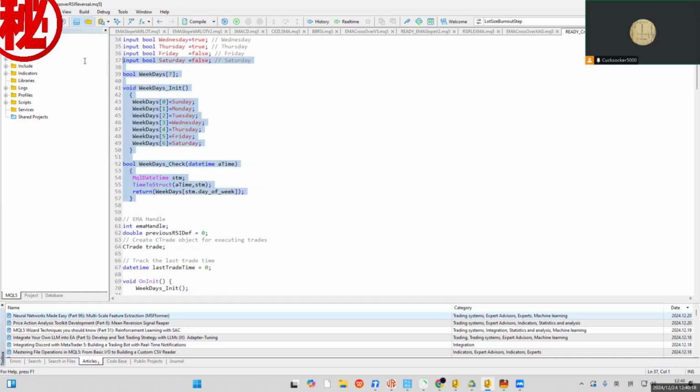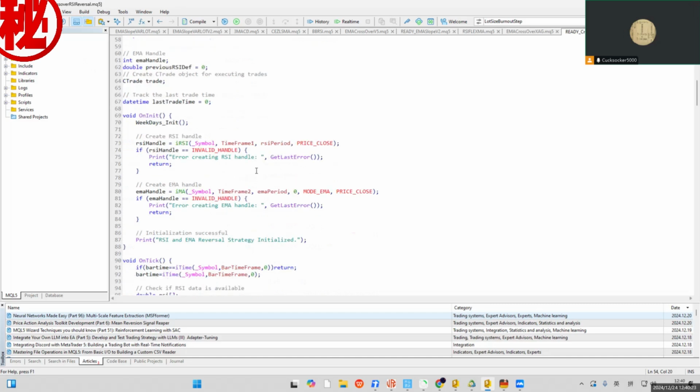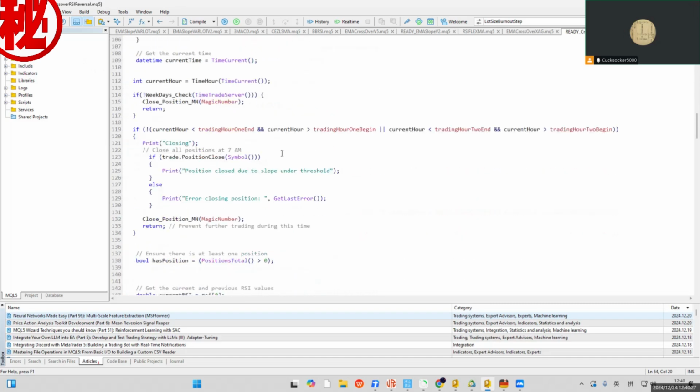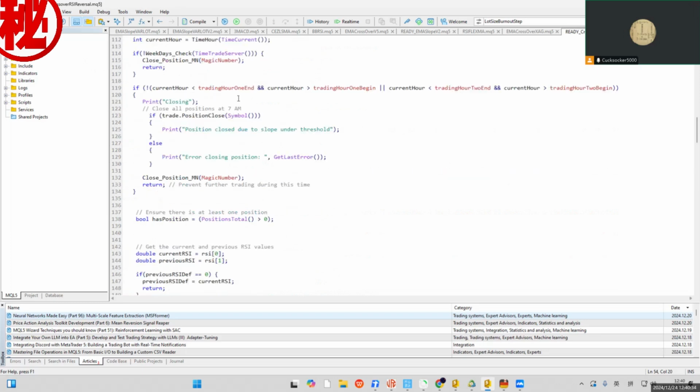So this is the implementation of the week, how to trade during the week. This is on tick. If it's not in the trading hour, not in the trading week, just close the trade.